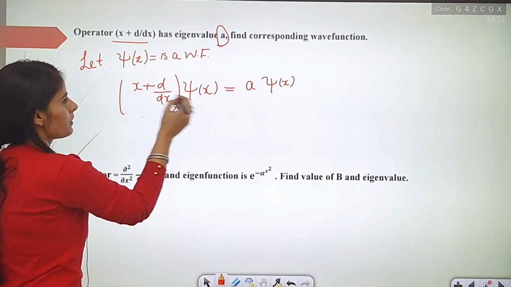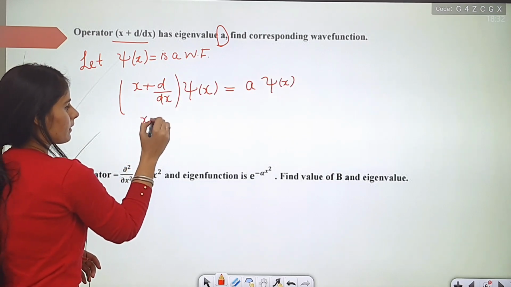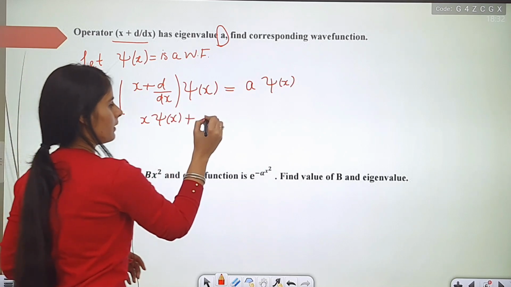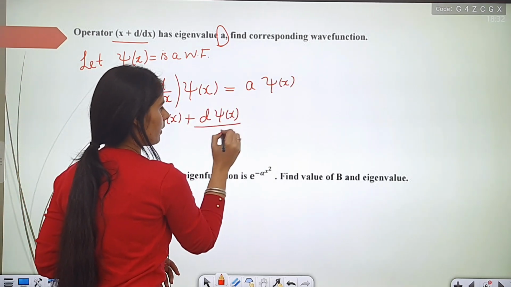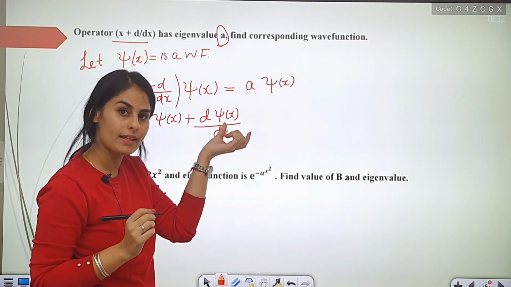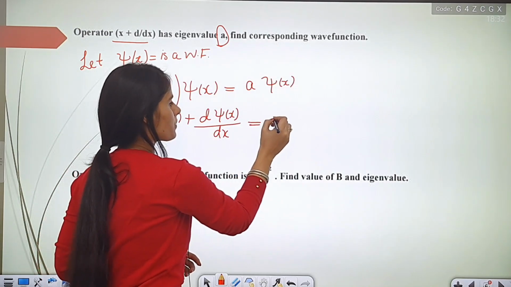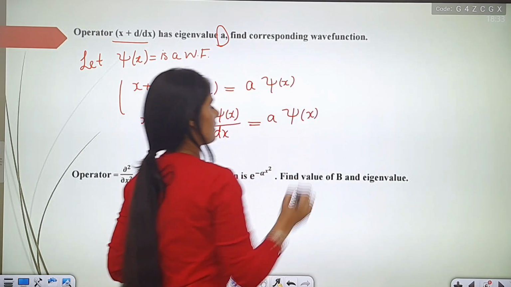So x psi of x plus d psi of x upon dx. We can take its derivative because psi is a function of x. Now this is equal to a times psi of x.